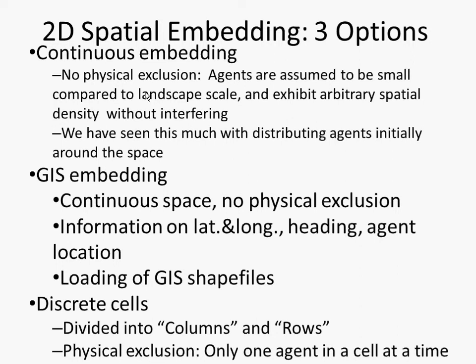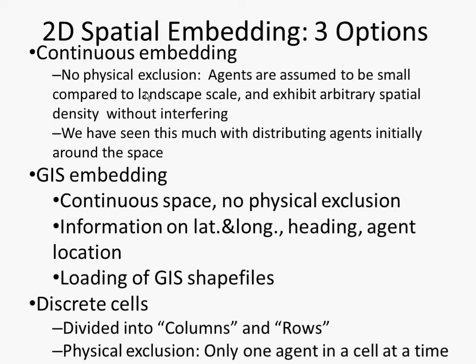You can load in GIS shape files, and you can easily associate resources with some of the shapes that result. So with AnyLogic, you could represent, say, the location of resources associated with certain features captured in GIS shapefiles. And it allows you to keep information on things like heading, agent latitude and longitude, etc. Okay?